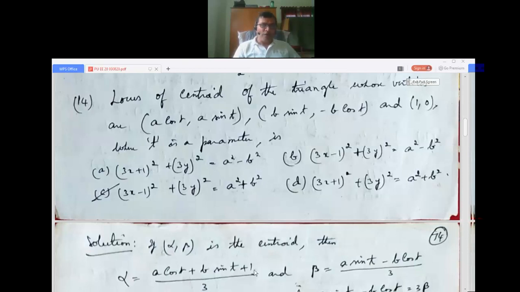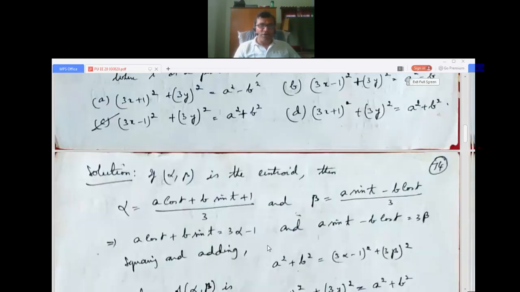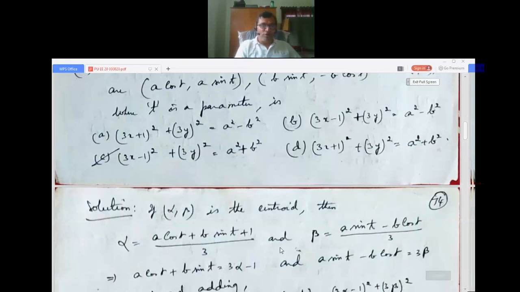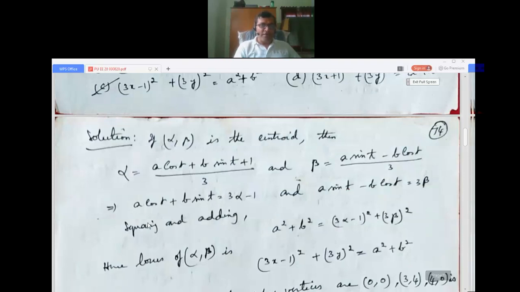Okay. Now if alpha comma beta is the centroid, then alpha equals a cos t plus b sin t plus 1 by 3, and beta equals a sin t minus b cos t by 3. So a cos t plus b sin t equals 3 alpha minus 1, and a sin t minus b cos t equals 3 beta.